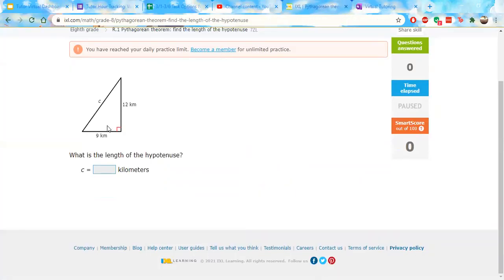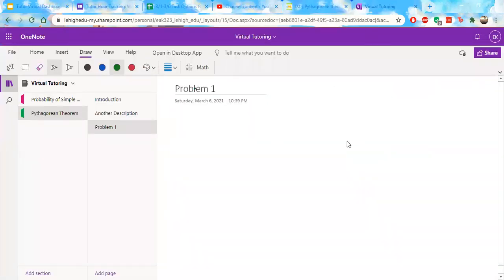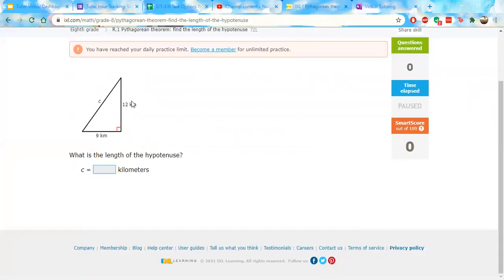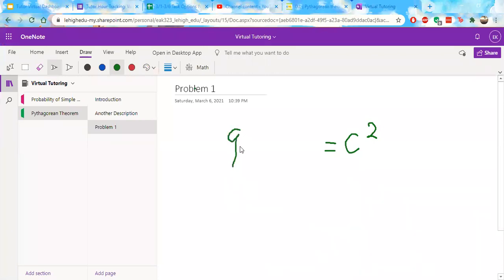But so, you have the 9, the 12, and the hypotenuse, so C. So C squared equals the other two sides, 9 squared plus 12 squared, right?